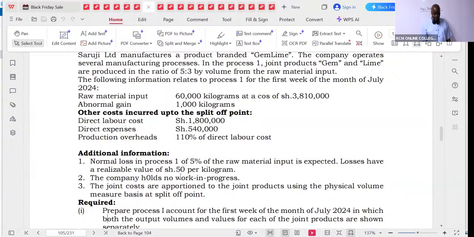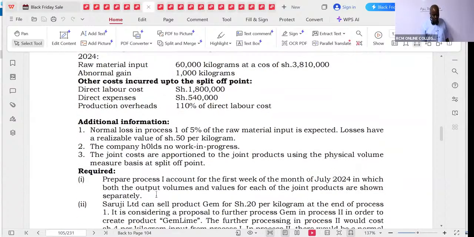The joint costs are apportioned to the joint products using the physical volume measure basis at split off, which you can see there, 5:3. So prepare the process 1 account for the first week of July 2024, in which both the output volume and values for each of the joint products are shown separately.